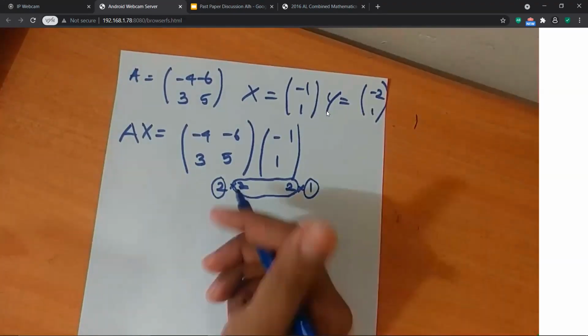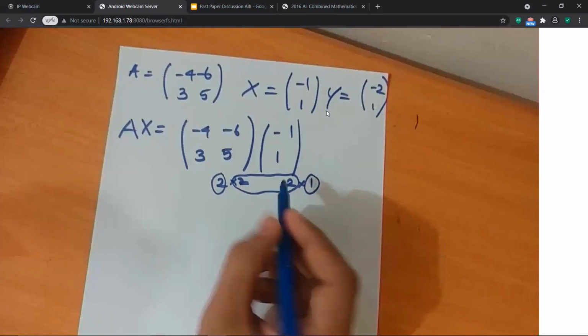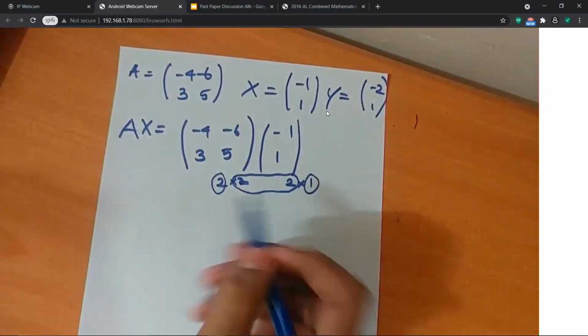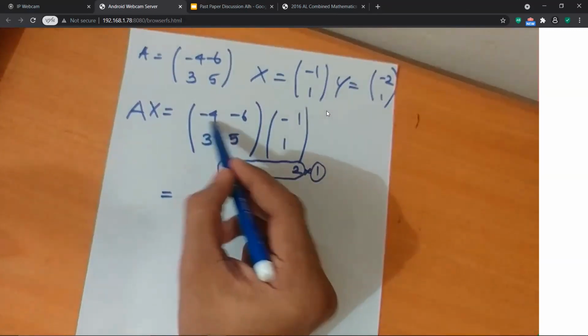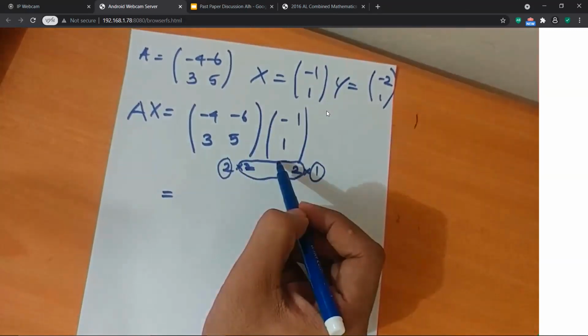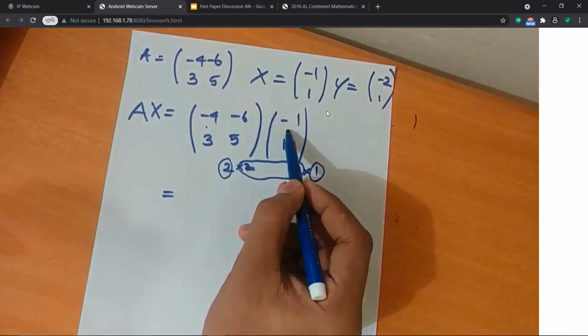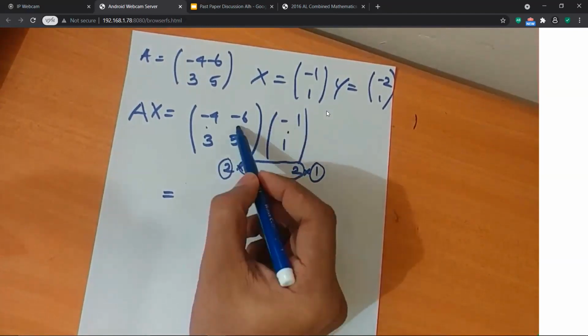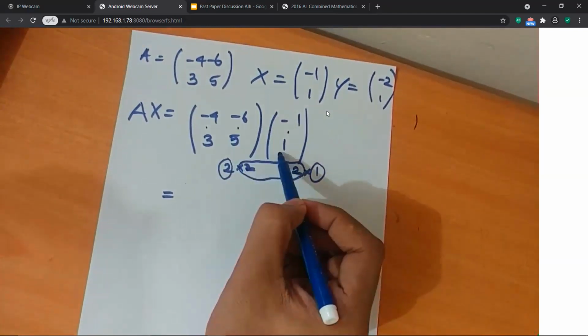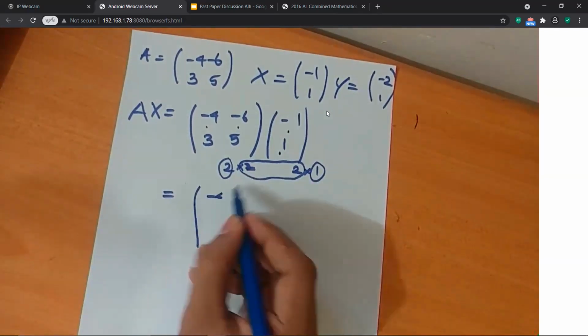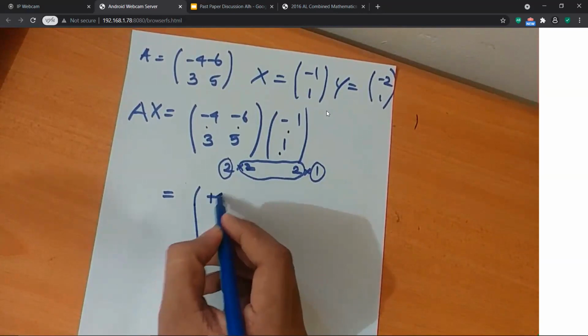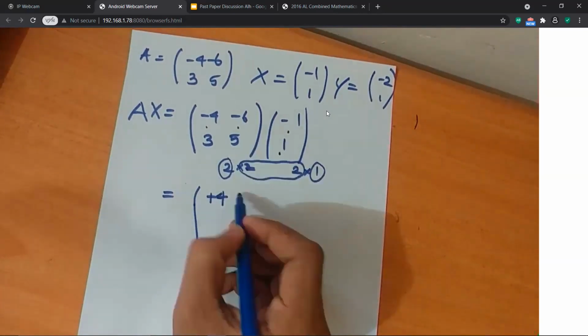So how do you multiply? These are the same, so it can be multiplied. Row multiplied by column: -4 multiplied by -1 plus -6 multiplied by 1. That will give you the first value. -4 times -1 is plus 4, minus 6 times 1 is minus 6.